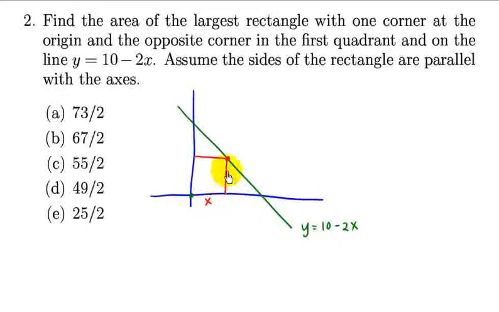Okay, so if the x coordinate is x, then since this point is on the line, this y coordinate should be 10 minus 2x. So here we have 10 minus 2x. From this we know that the area will be the product of these two numbers, x multiplied by 10 minus 2x.